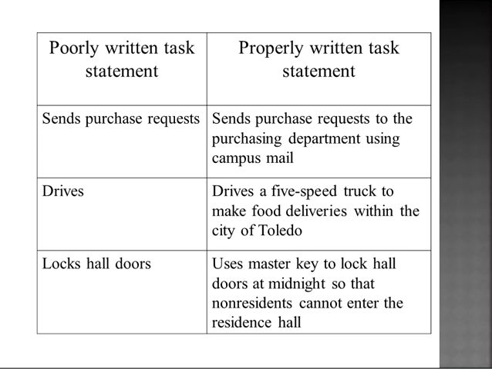Poorly written: locks hall doors. Better written: uses master key to lock hall doors at midnight so that non-residents cannot enter the residence hall. What we see here is that properly written task statements should be able to stand on their own, communicate a very clear idea of what the worker is supposed to be doing, and provide all the required information to remove all potential doubt or confusion.